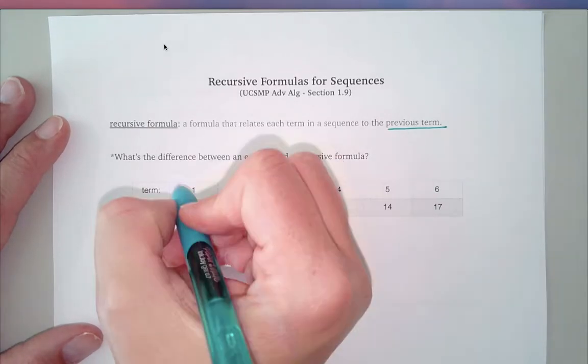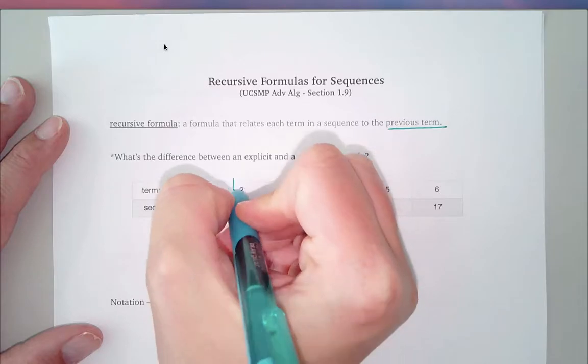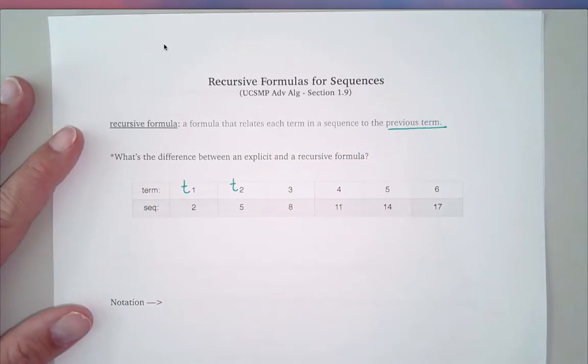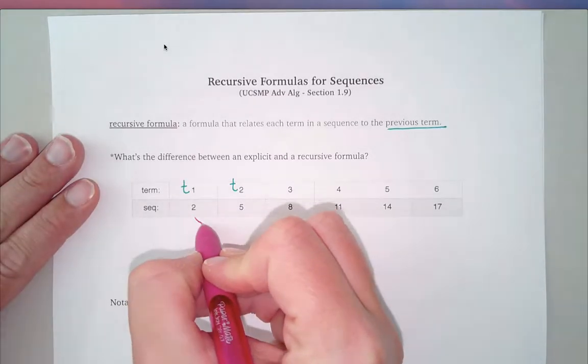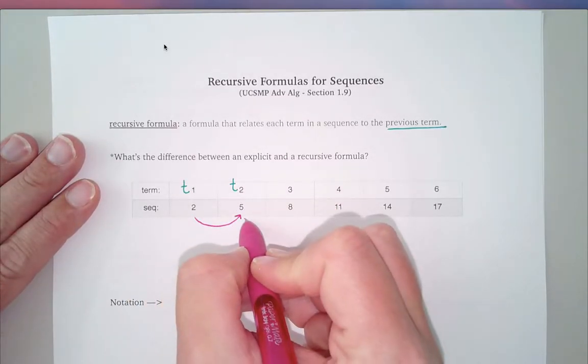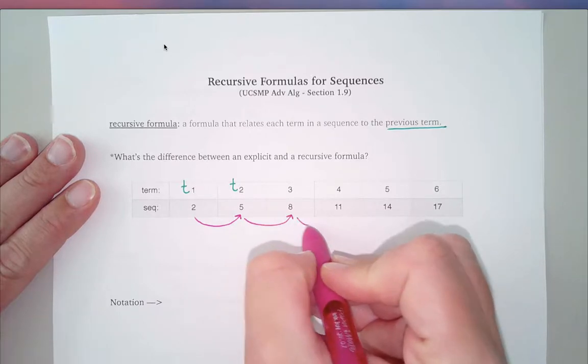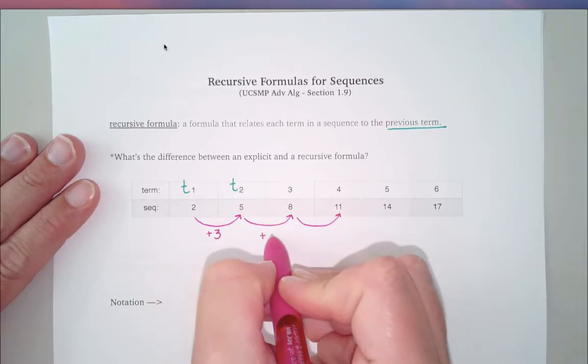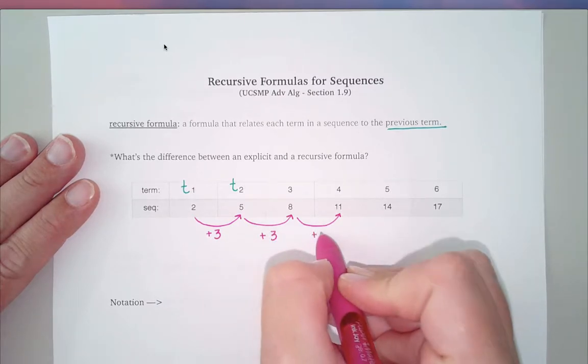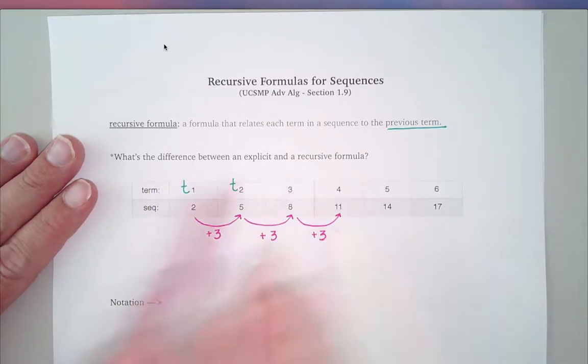It doesn't care that this is term 1 and that this is term 2 and so on. A recursive formula is focused more on how do I get from 2 to 5 and how do I get from 5 to 8. And so hopefully when you look at this one, you can say, oh, you add 3 every time. And so that's kind of the difference between an explicit and a recursive.